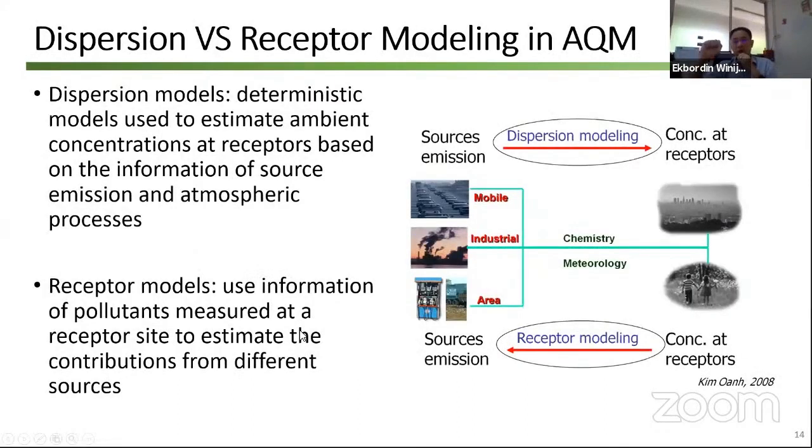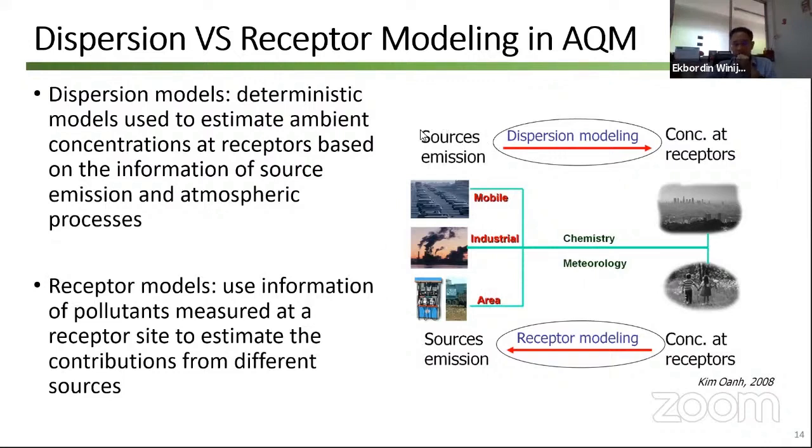Okay, in terms of air quality management, there are two major types of model that we usually use. The first one we call the Dispersion Model, and the second one we call the Receptor Model. And from this chart, you can see that in air quality, usually we are interested in the source or the emission, where the emission is coming from, like mobile sources, industry, or maybe some other area source.